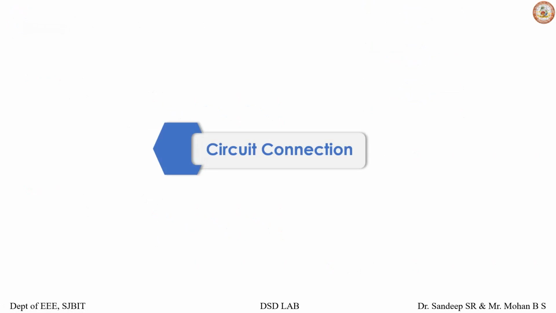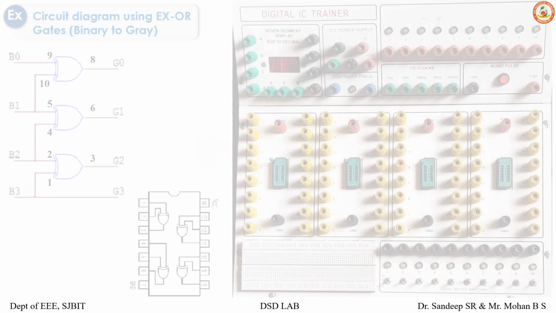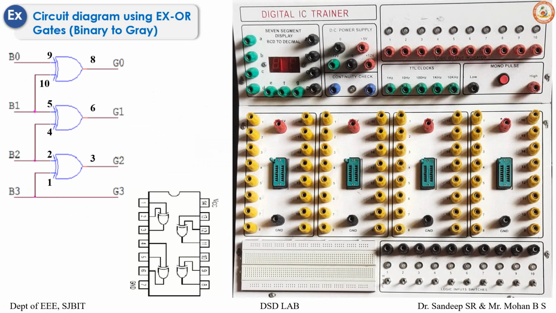Let us see the circuit connection. We can refer to the video for experiment number 1 to analyze how the kit works, which are the input ports, which are the output ports, and how we connect a 16 pin IC and a 14 pin IC. These are for the 16 pin IC and we have the 14 pin IC.